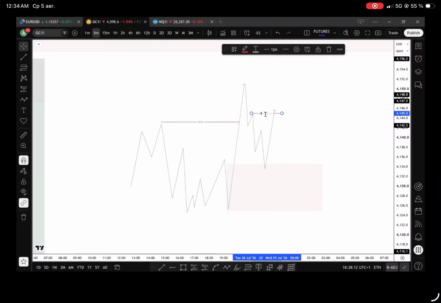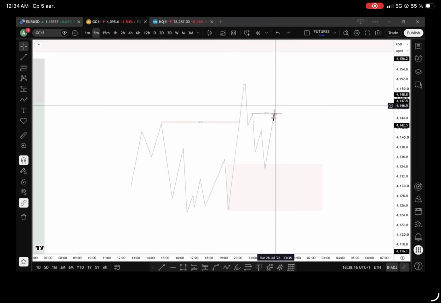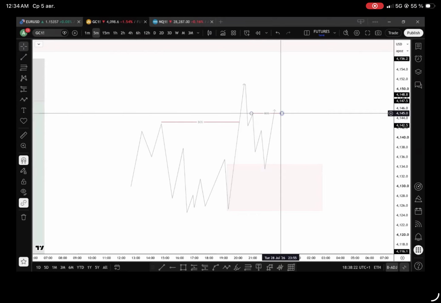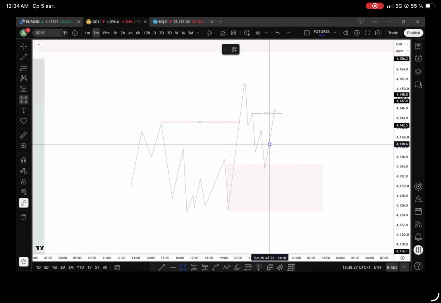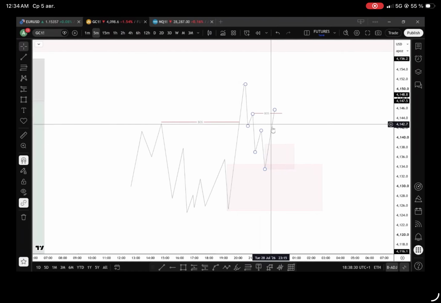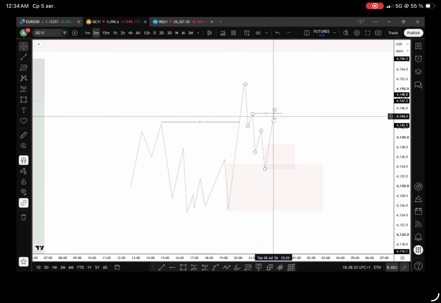But what has this move from A to B done? Again, this is a breaker structure. We've induced, this is what I mean by an inducement, we've induced buyers by this move up. So what you now want to wait for is these areas again. No matter where these areas are, it could be in the middle of the range, it could be just at the top.